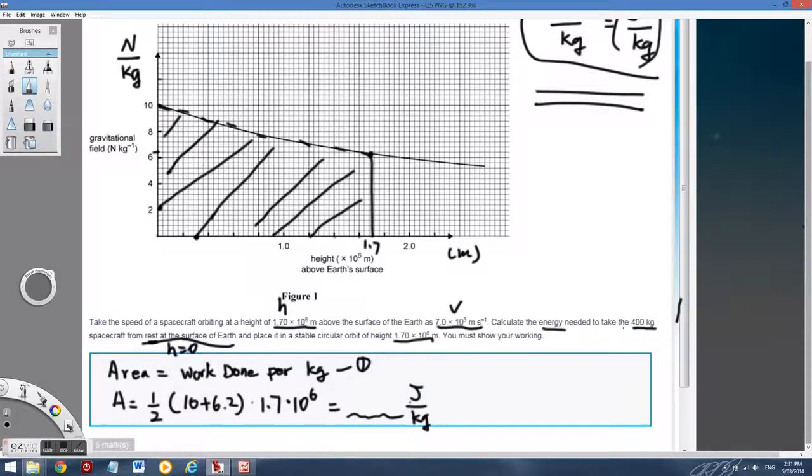After that, I need to find the energy needed for 400 kilograms. So the energy will be 400 times this number. Times this number, then you will find your answer.